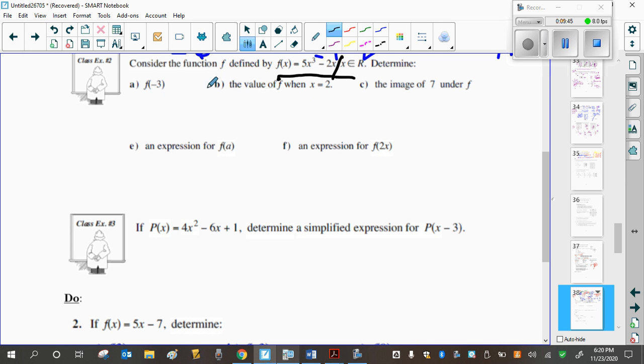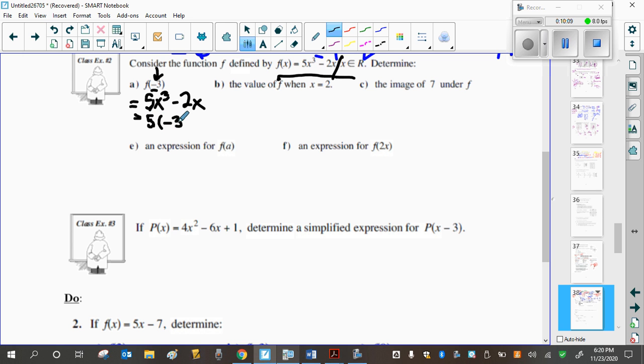So to find f of negative 3, I like to write down the formula every time. 5x cubed subtract 2x, and wherever I see an x, I put -3. Usually I like to underline the -3, because that's what my x is becoming.